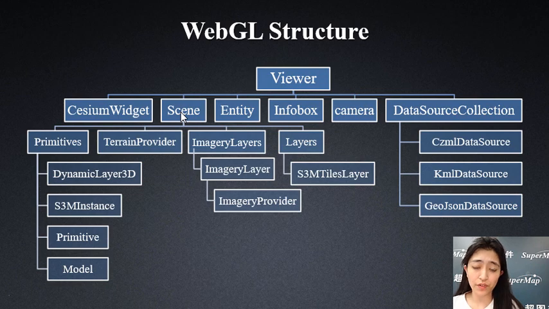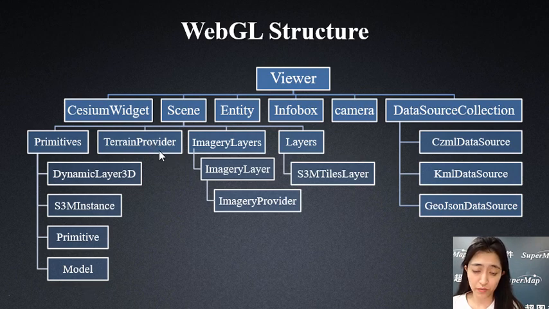The scene is what we use most often, and we can add the corresponding data. For example, the primitive can add some dynamic layers, S3M instances, and model objects.